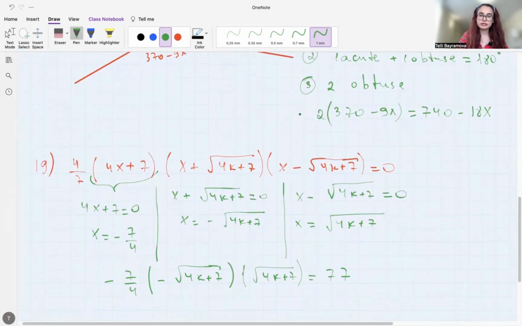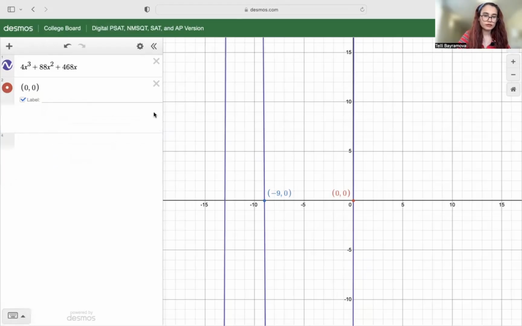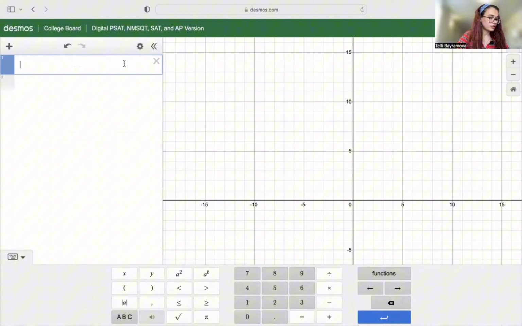So take this one, write it to the decimals. So what was it? Let me write here. Negative 7 over 4 multiplied by negative root of 4k plus 7.